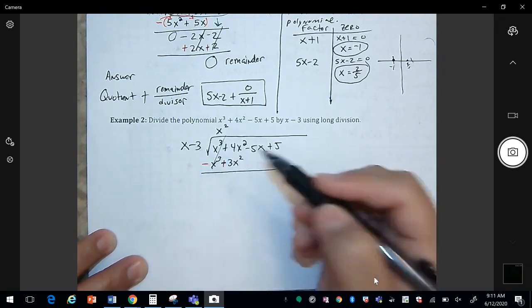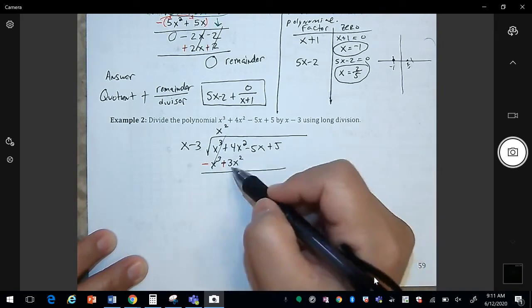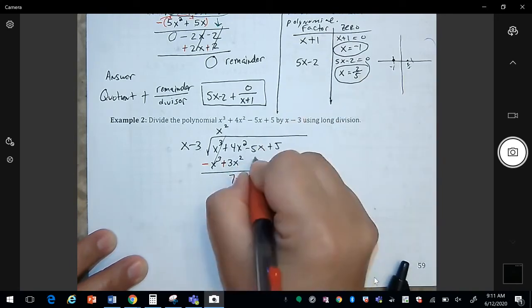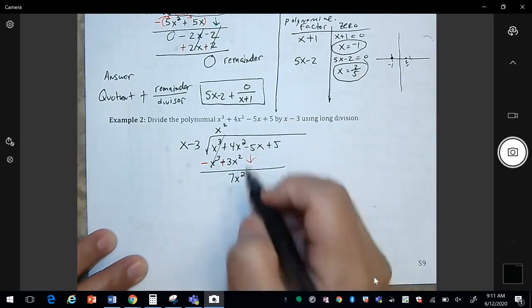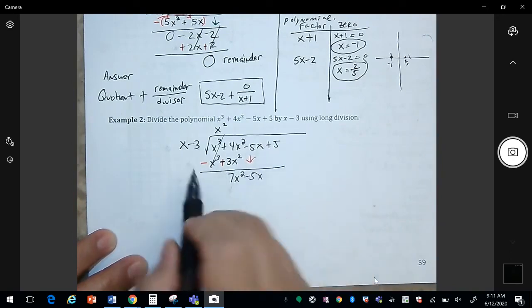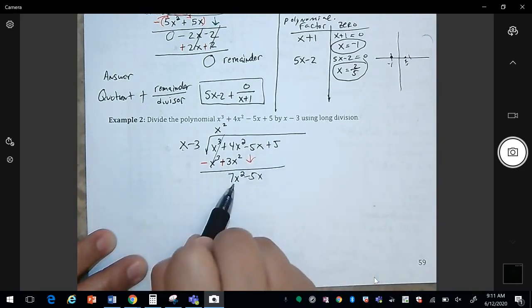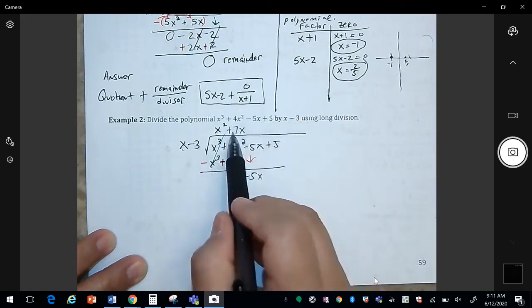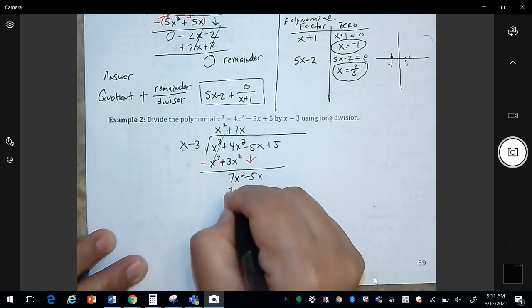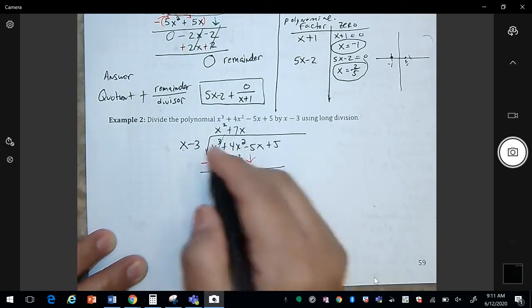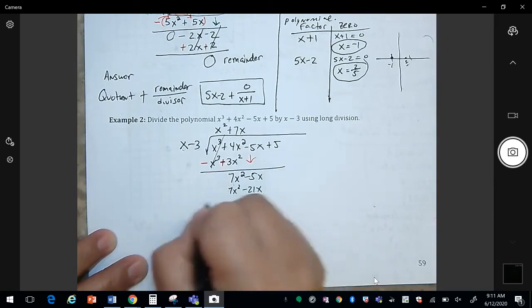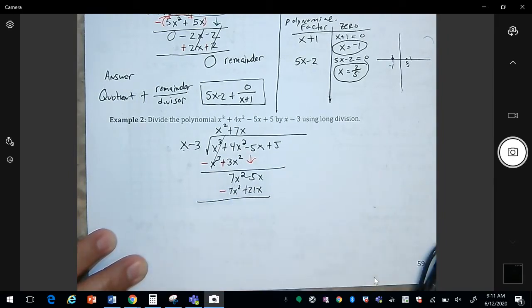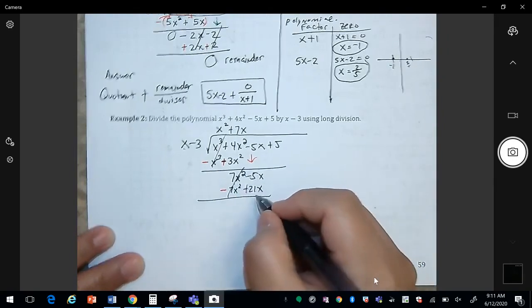So x cubed and negative x cubed cancel. Negative 4x squared plus 3x squared is negative x squared. Bring down the next term, minus 5x. And then we ask ourselves how many times does x go into 7x squared? So that's going to be 7x. 7x times x is 7x squared. 7x times 3 is 21x. Change the signs. So that cancels.